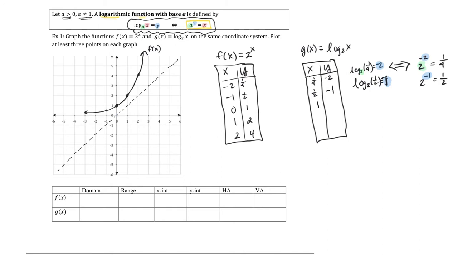All right, let's try this next one. Input is 1, log base 2 of 1. And what this means is, 2 to what power is equal to 1?